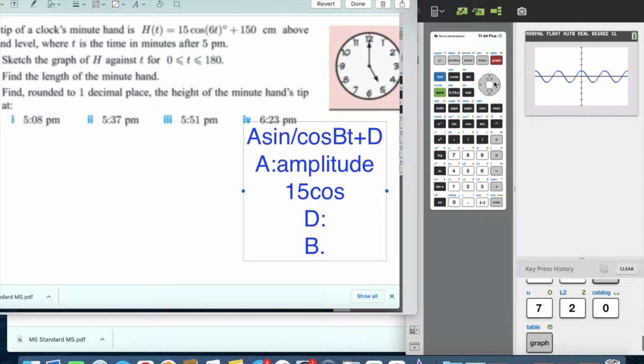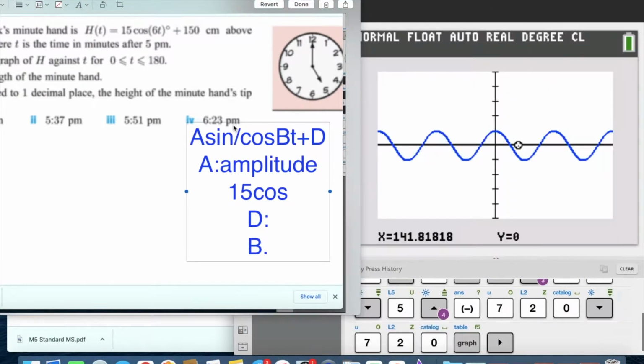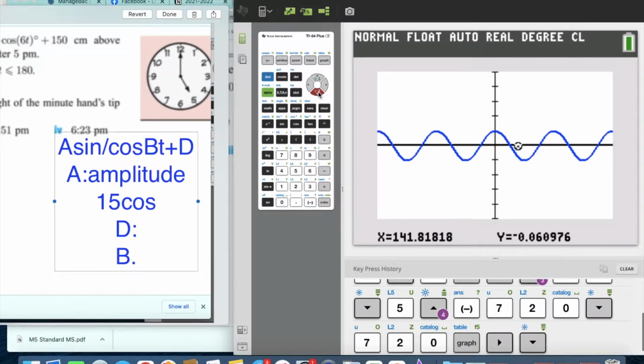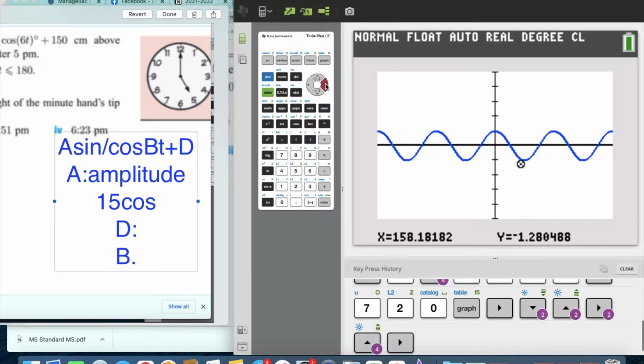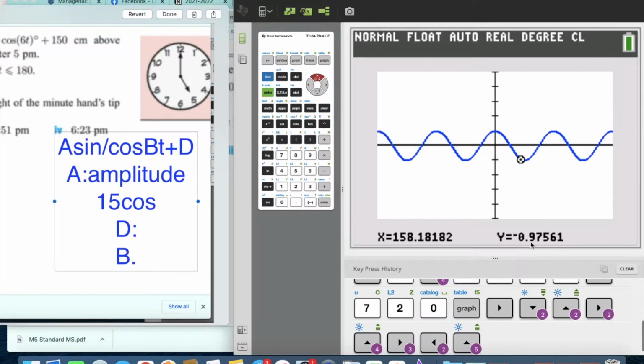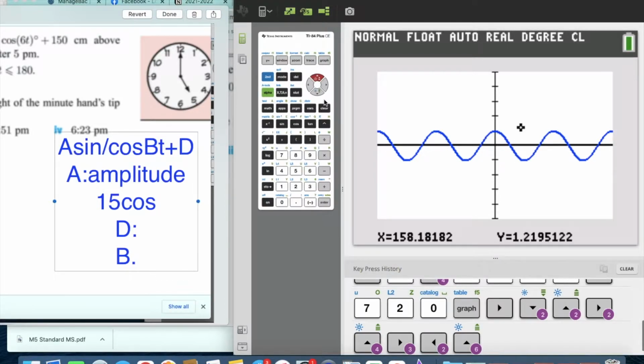You can see this is the normal cosine graph. And if you move the cursor around on this cosine graph, you can see that the minimum of a normal cosine graph with just cos x or sin x is always going to be roughly or exactly -1, and the maximum is always going to be +1.